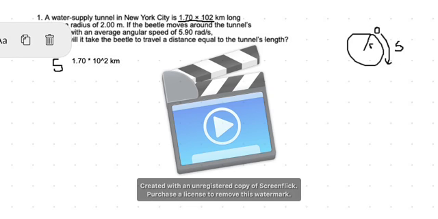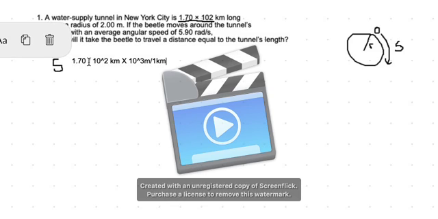I'm going to take S and convert it to meters because that's the unit that we've been using as our standard unit for distance. So 1.7 times 10 to the power of 2 kilometers, and I'm going to multiply it by a conversion factor with 10 to the power of 3 meters on the top and 1 kilometer on the bottom, which cancels out kilometers and leaves me with 1.7 times 10 to the power of 2 times 10 to the power of 3.